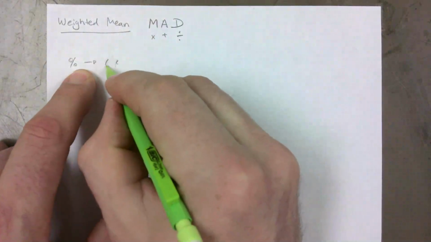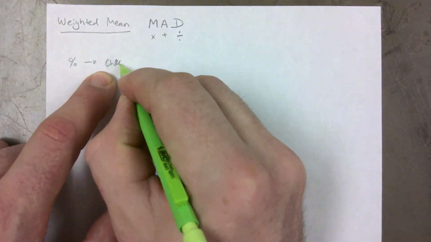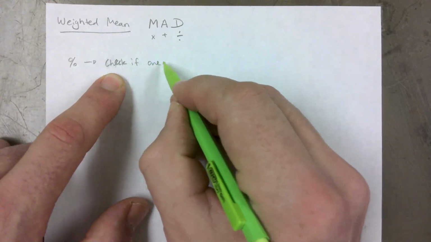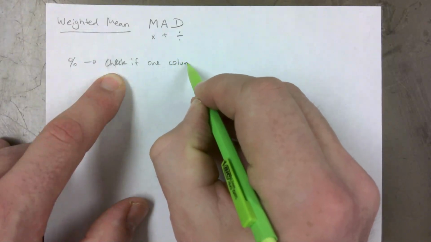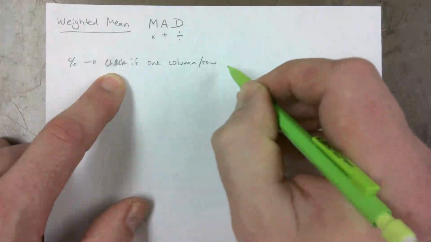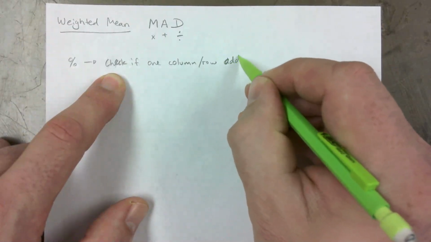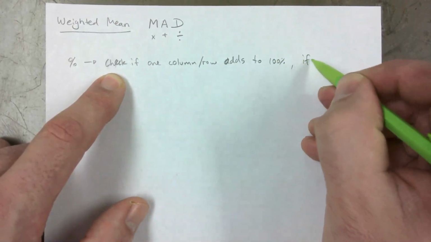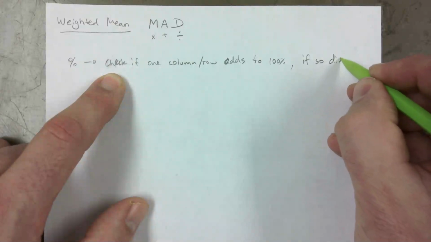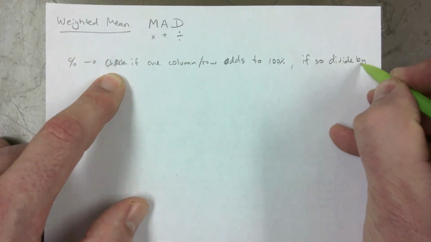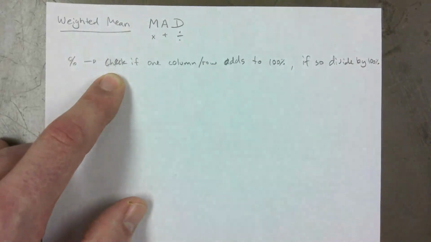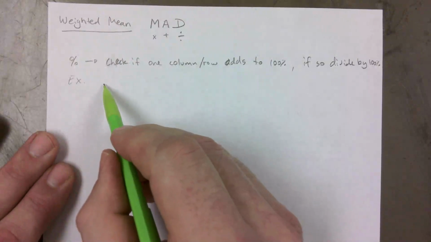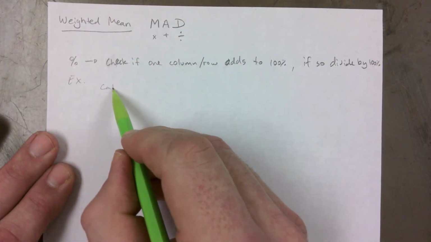What I want you to do is check if one column or row adds to 100%. If so, we divide by 100 for sure. Okay, that is guaranteed.